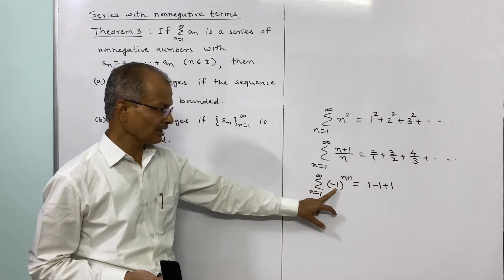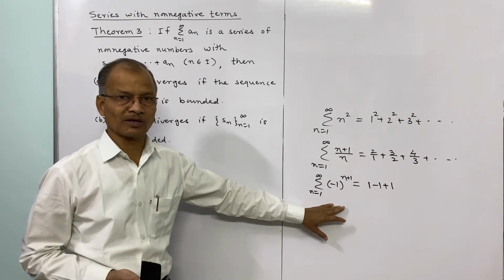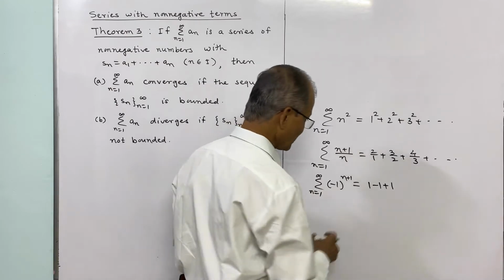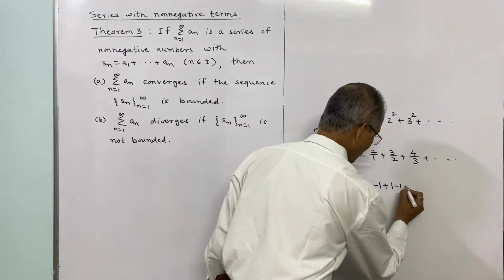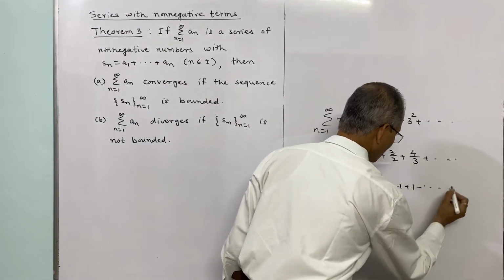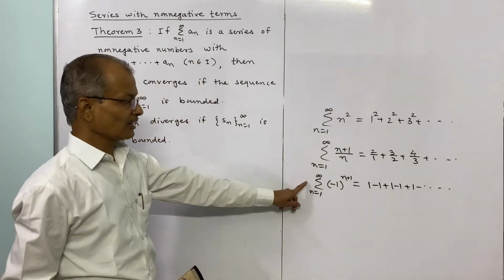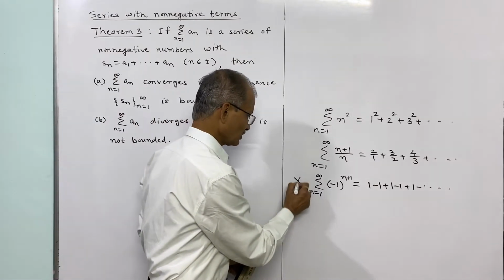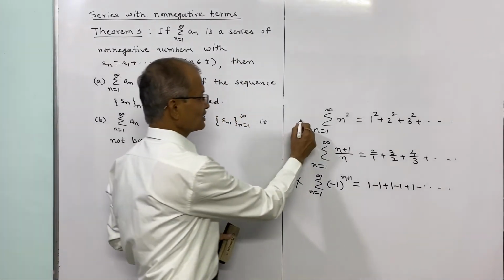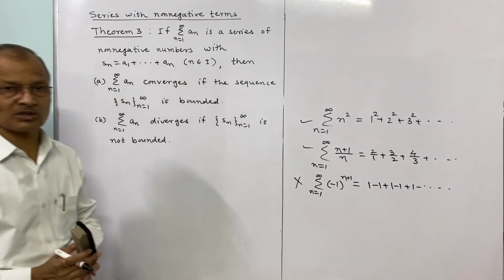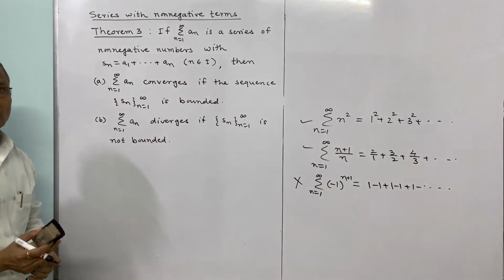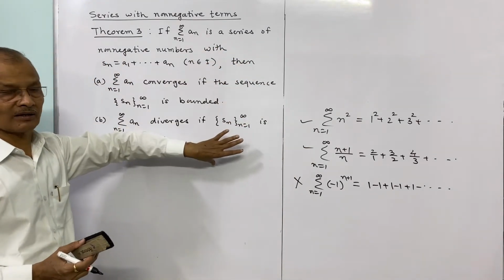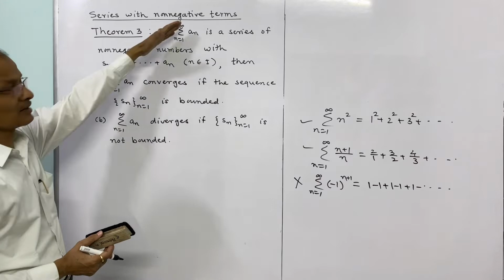If it is even, the value is positive 1, and if it is odd, the value is negative 1. So the terms here alternate between positive and negative, and this is not an example of a series with non-negative terms. Such series we should not consider. Only series whose each term is non-negative we shall consider. A term may be 0, but it must not be negative. That type of series we are studying in this section.